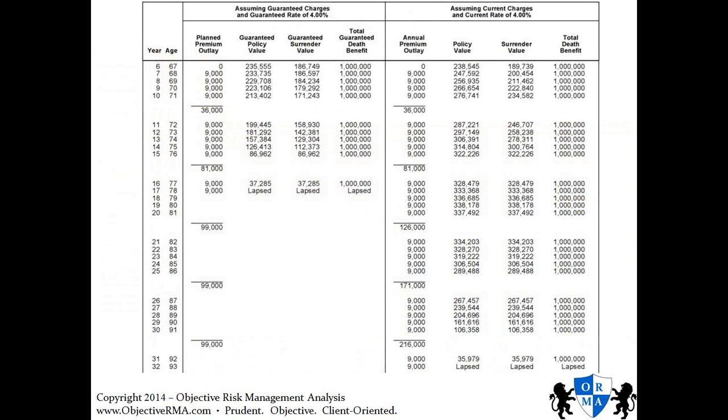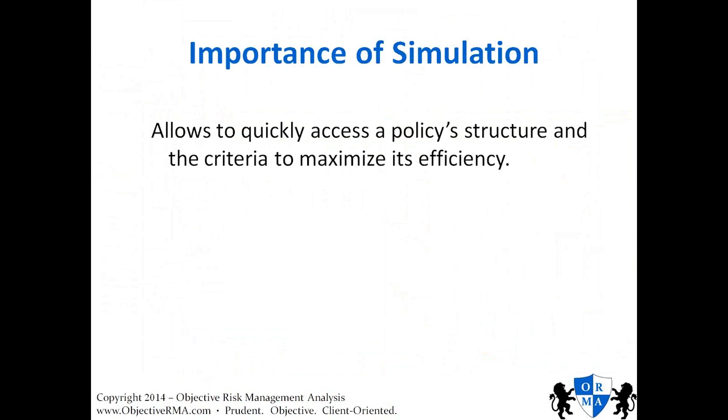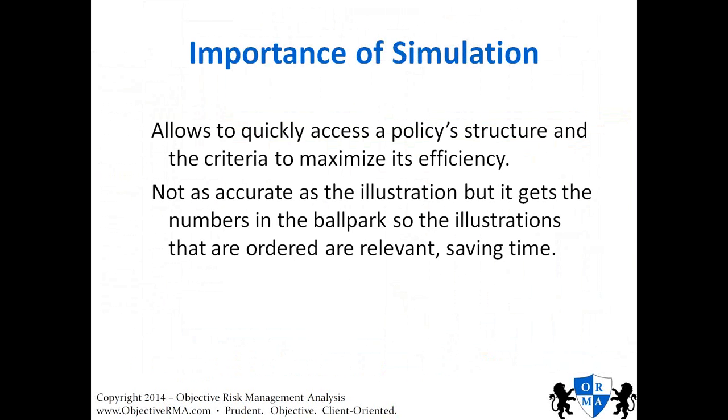Now, with the simulations, we're able to quickly assess the policy structure and the criteria in order to maximize the efficiency of it. And it's not as accurate as the illustration from the carrier, but it gets us close enough so that we can save time in ordering the right illustrations rather than just throwing darts at a board and hoping we come up with the right type of illustration.